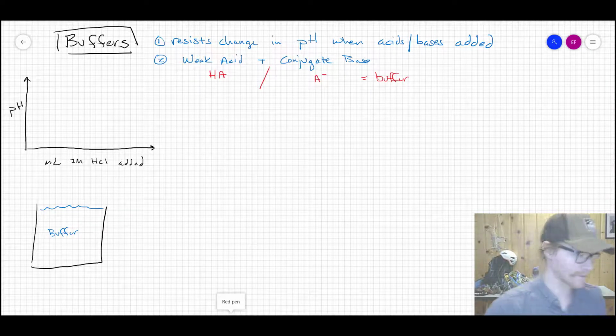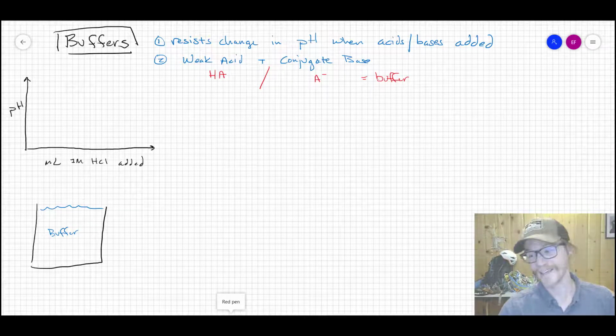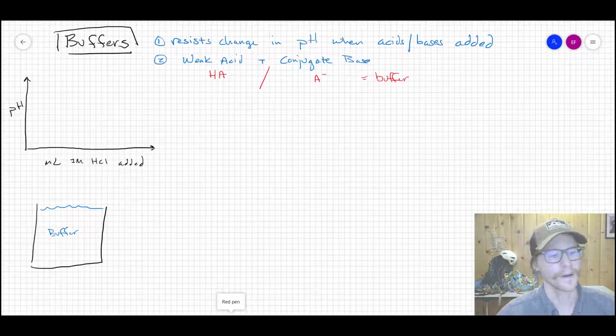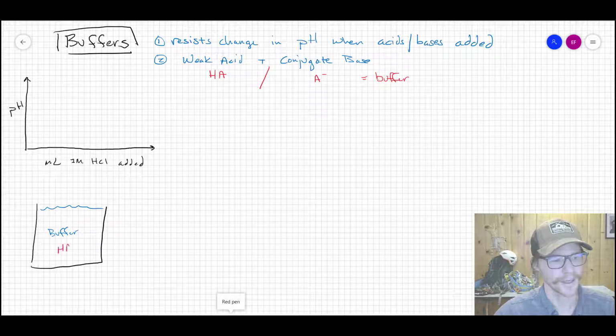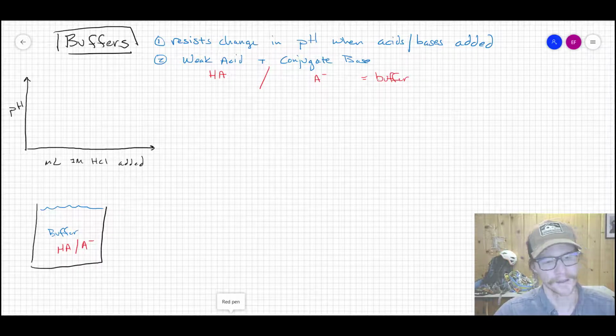And so we've got to talk about buffers because buffers are the key to understanding titrations, which are where we're going to go after this. So if you've got a buffer, which is what I've got drawn up here, it's just a beaker, and you've got a buffered solution. So you've got some HA and some A minus. The cool thing about buffers is if you add a little bit of H plus to the solution, that's going to combine with the A minus, and it's going to shift the equilibrium back towards HA.